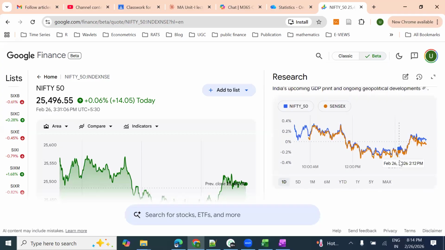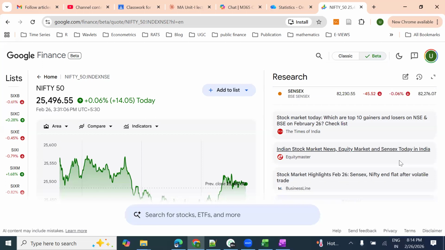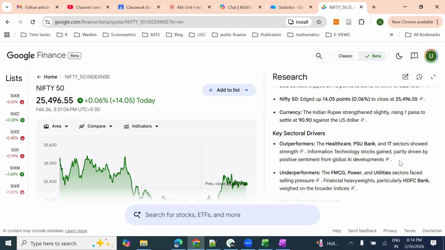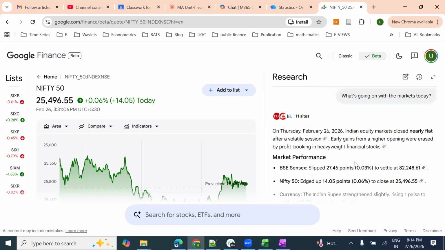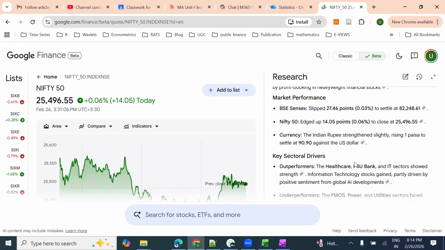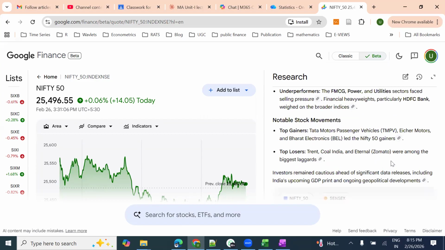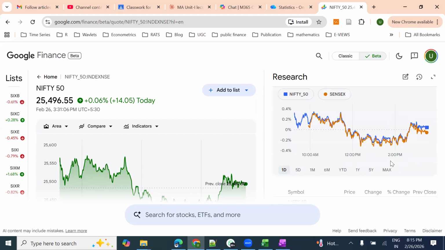Nifty 50 means the top 50 companies, and they come from different sectors: banks, including PSU banks, IT sectors, healthcare, FMCG, power, utilities, various industries represented in terms of 50 companies.